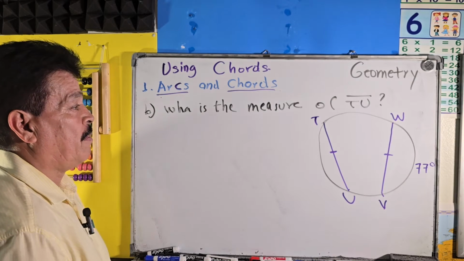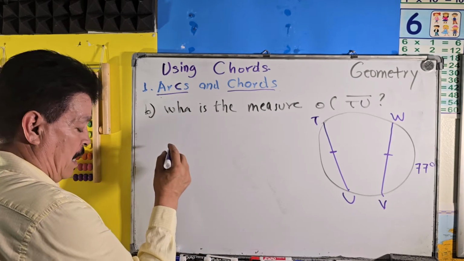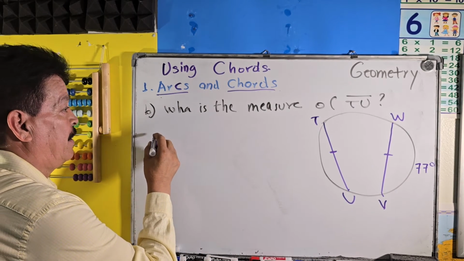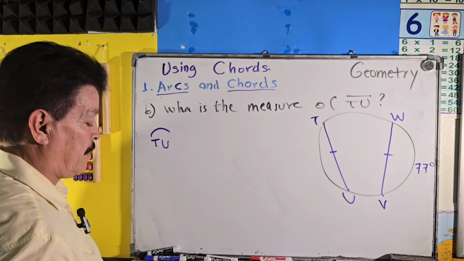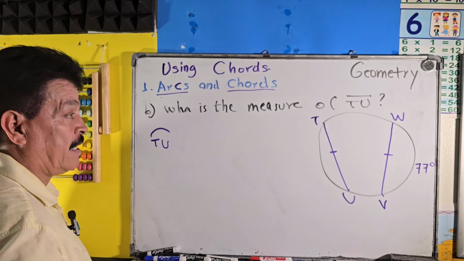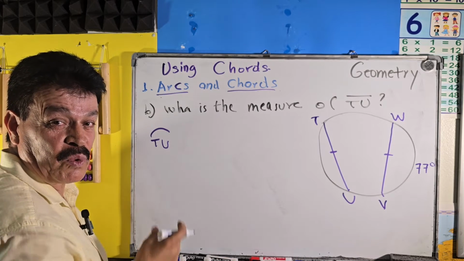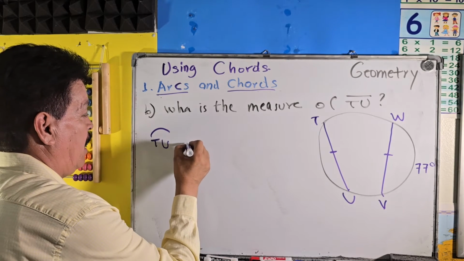So how do we solve the problem? We have to take arc TU and arc BW. Remember the concept: we have to think in the opposite way.